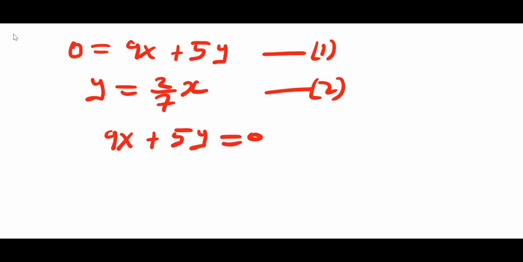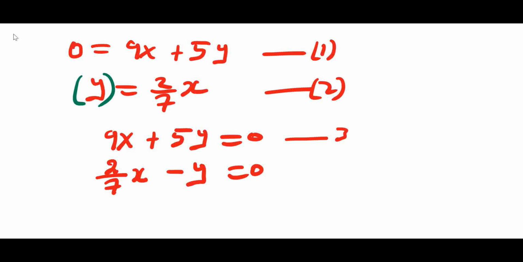And then we also need to subtract y from both sides, and this will become 2/7x minus y equals to 0. So we can call this equation 3, equation 4.